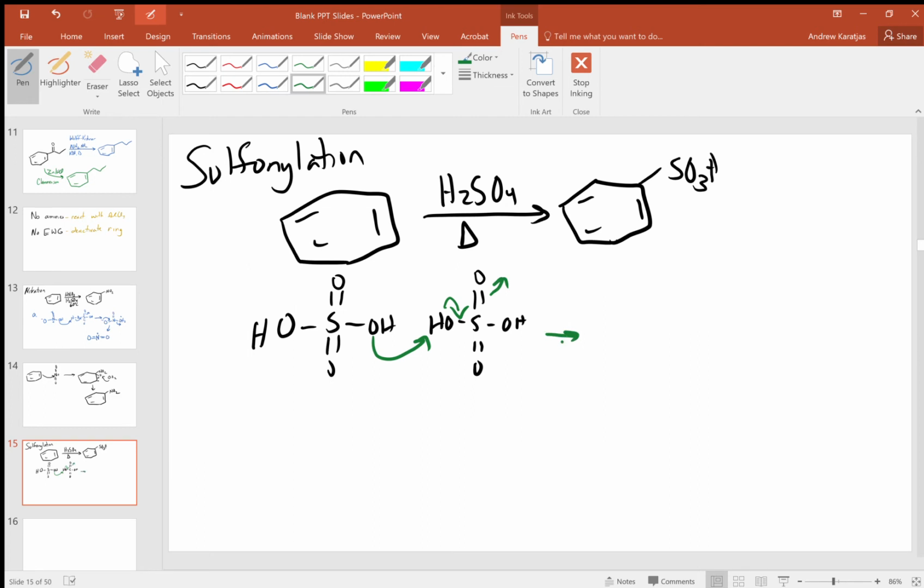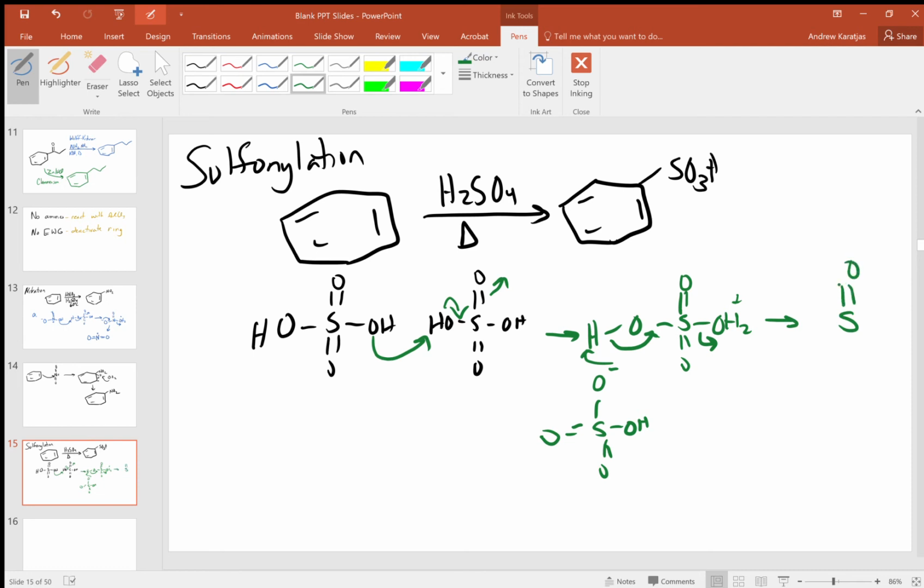And if you recall with the nitration, that gave us an intermediate that could kick out water to give us a good electrophile. Same thing here. Remove the proton, electrons shift over, we kick out water, and we get our electrophile SO3.